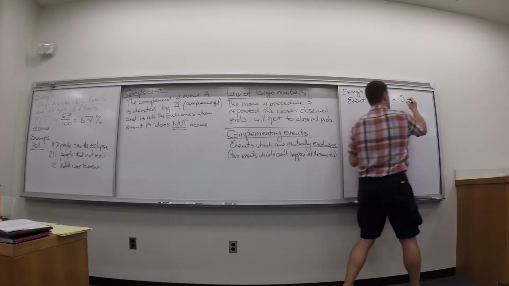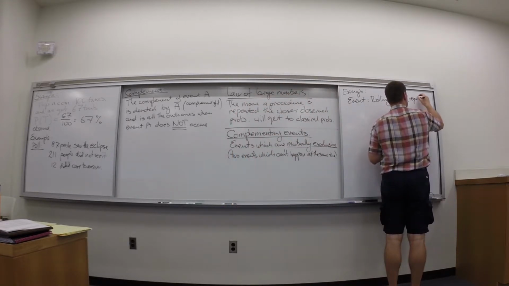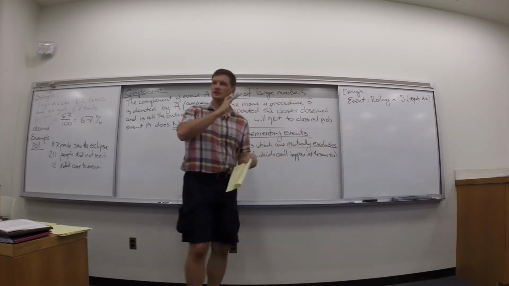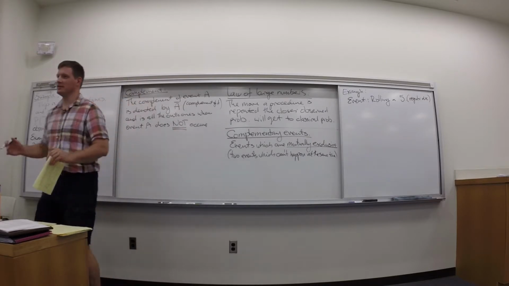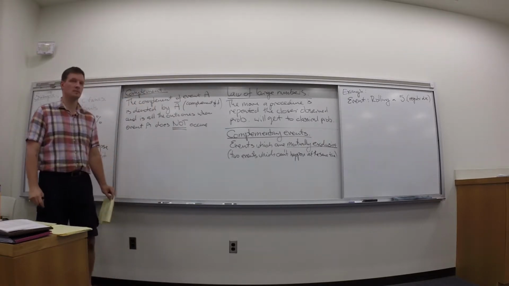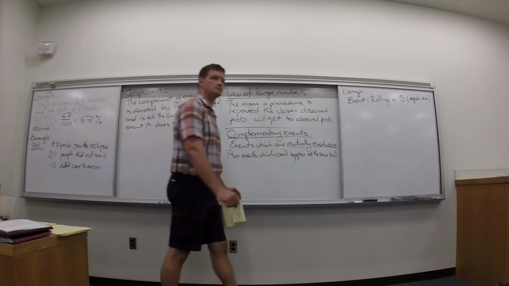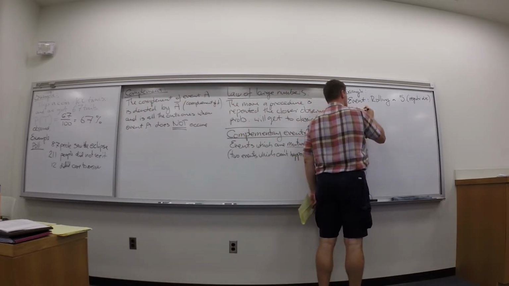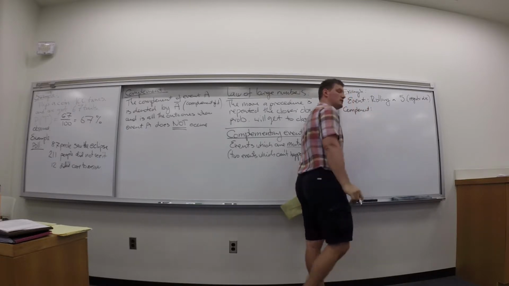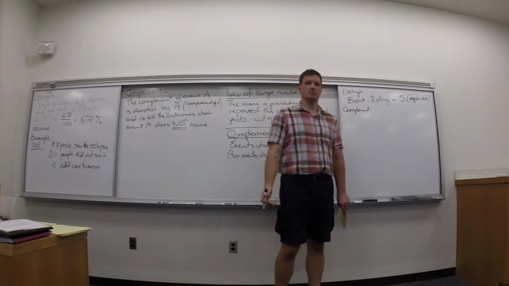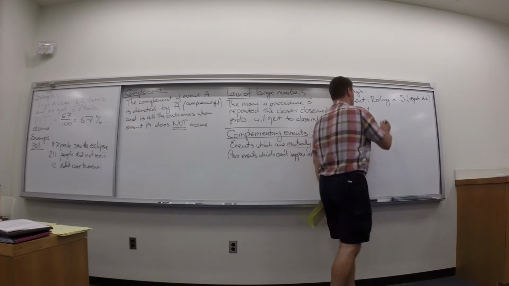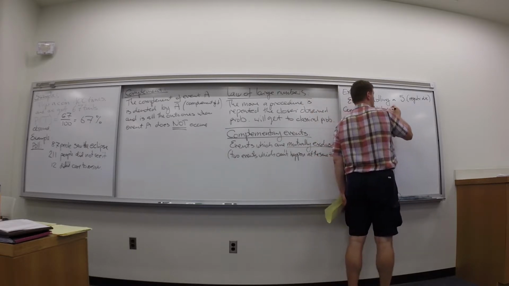This is a regular die. For people that play D&D, this is a regular six-sided die. So that's the event. We're rolling a 5. What's the complement of that? 1, 2, 3, 4, 6. How about shorter? Can you shorten? Okay, how about not rolling a 5?